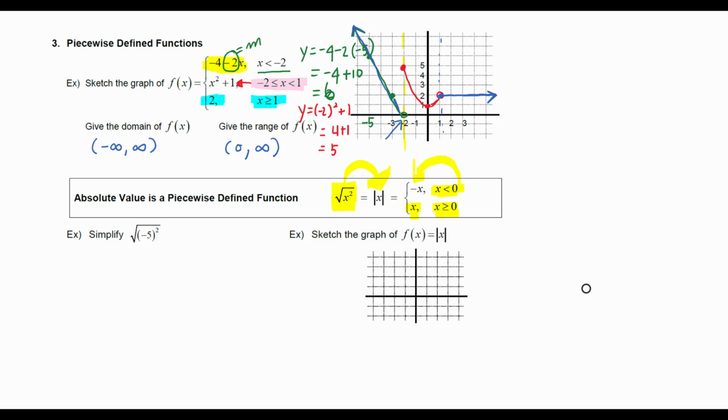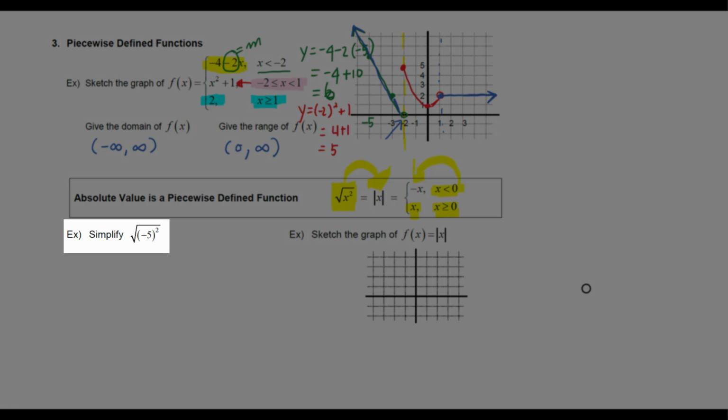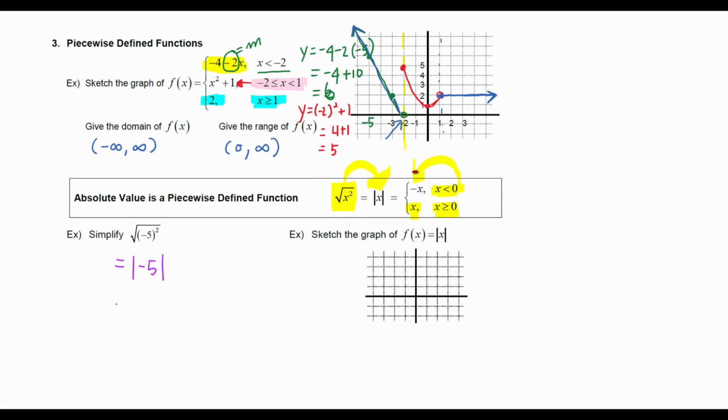Absolute value of negative 3 comes out as the opposite of negative 3, which is positive 3. Simplify square root of negative 5 squared. Since negative 5 is a negative number, when it comes out from the square root, we need to put an absolute value there. So it's going to come out as the opposite of that, which is equal to positive 5.